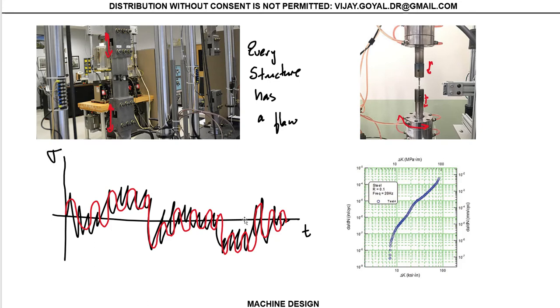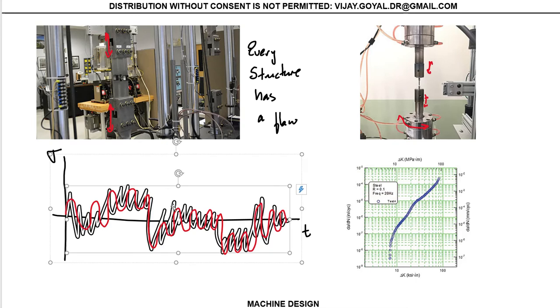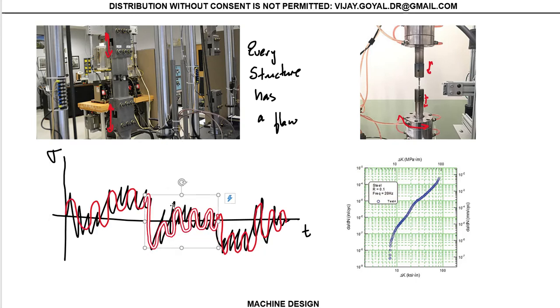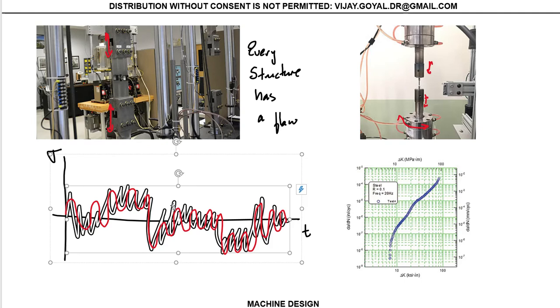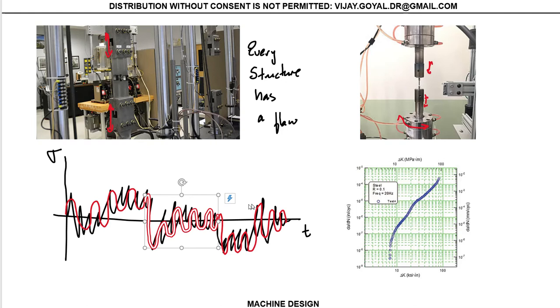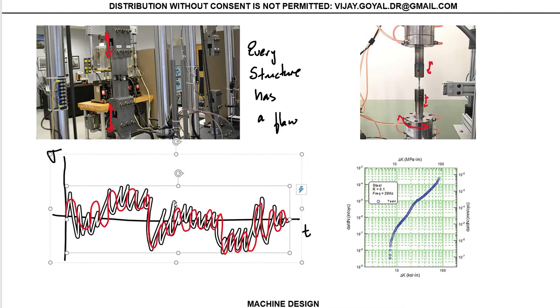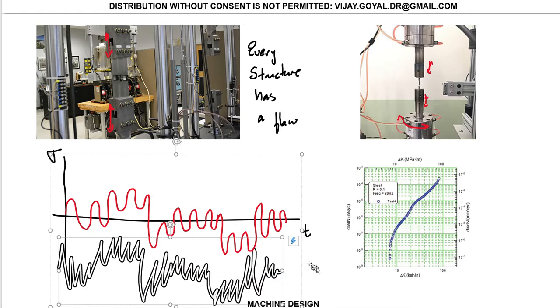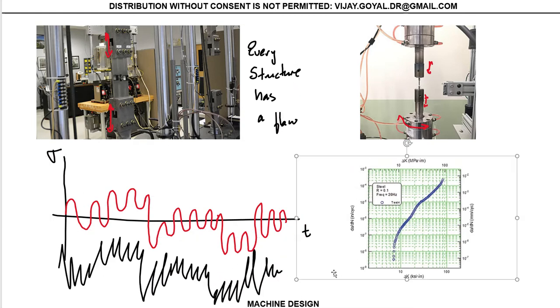So in a nutshell, this is what it looks like, and this is what we end up approximating. We're going to end up later talking more about this curve.